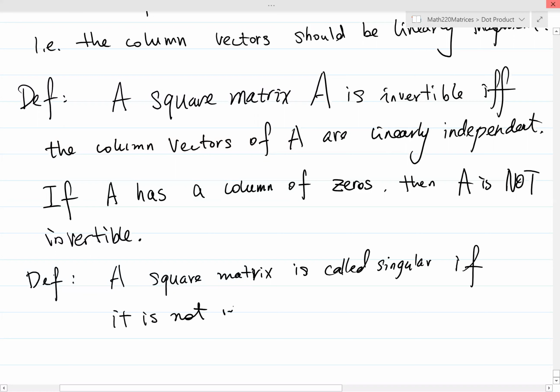The idea is if it is not invertible, then the image should collapse somehow.